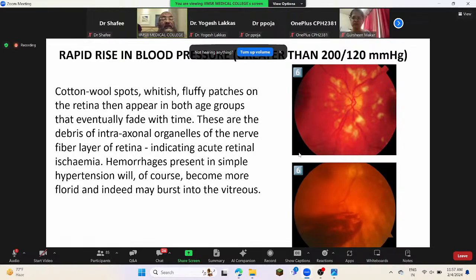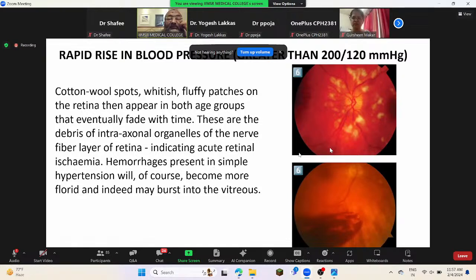These are actually the debris of the intra-axonal organelles of the nerve fiber layer of retina, which indicates acute renal ischemia.